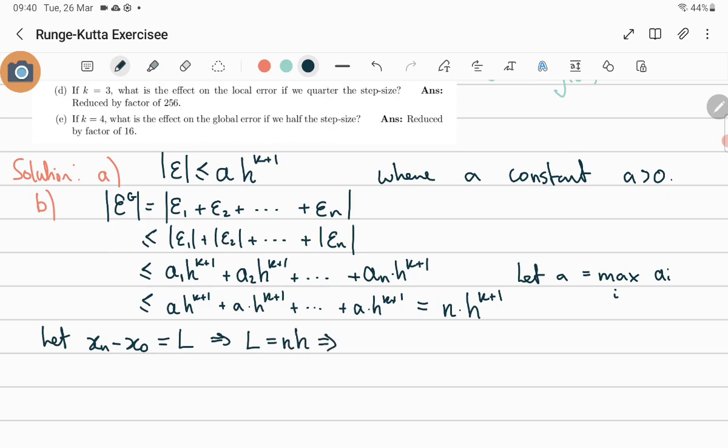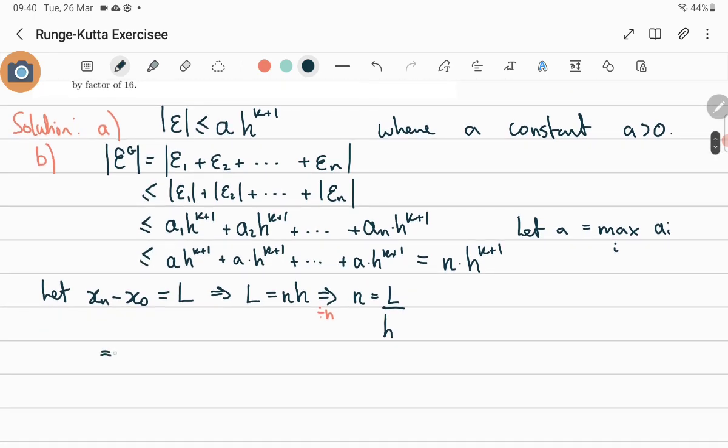So we can write n, which is actually a variable, in terms of L and h. Divide both sides by h, and you get L divided by h.